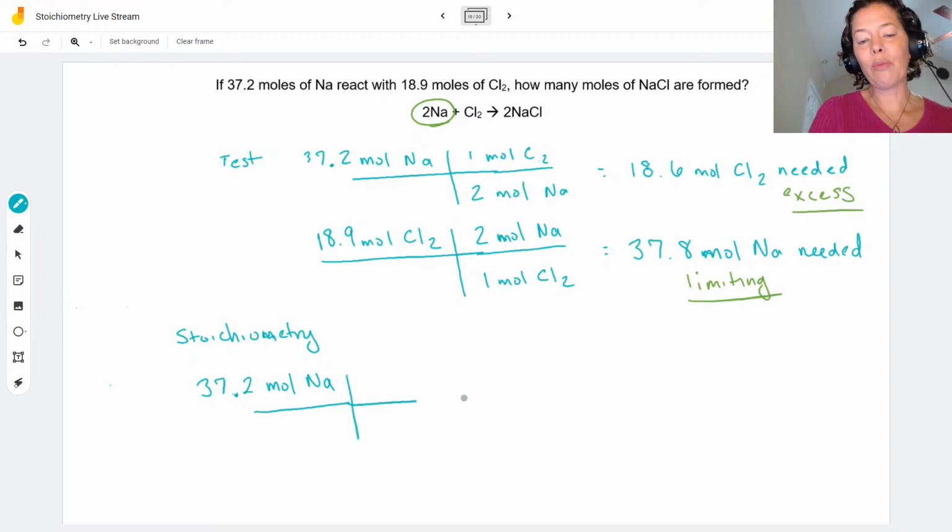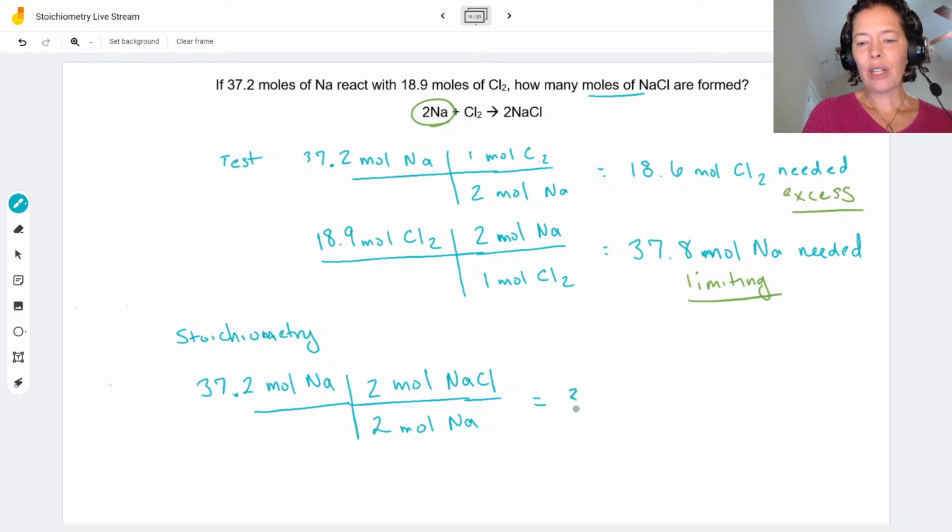Now I am ready to predict products, and the great thing is they just want moles of sodium chloride. So this is going to be a very easy calculation. I just use my mole ratio to convert from sodium to moles of sodium chloride. And of course I get 37.2 moles of sodium chloride. Make that a little bit bigger.